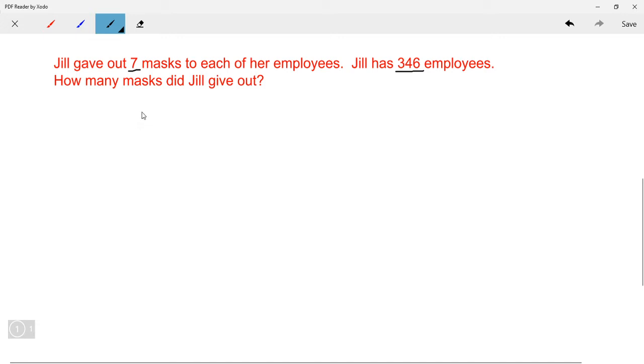So that involves breaking up 346 into expanded form, which would be, since the 3 is in the hundreds, 300, plus the 4 is in the tens, so that would be 40, plus 6. Okay?